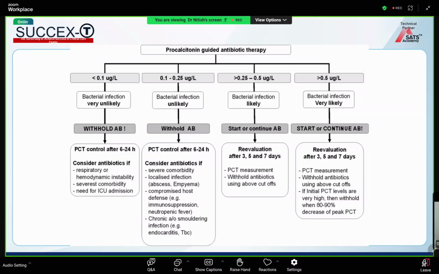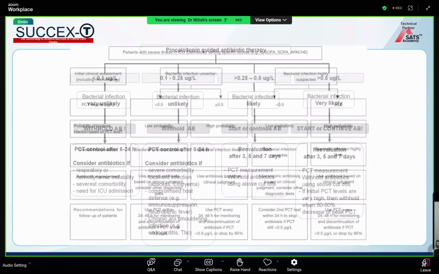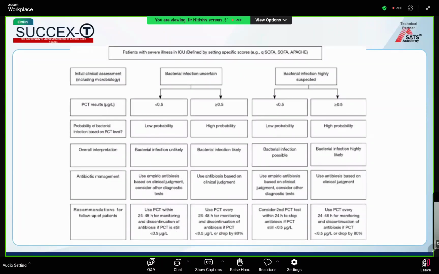Putting all these things in short, what they basically say is whenever the procalcitonin is more than 0.5, there is high chance that it could be a bacterial infection, and less than 0.5, it is less likely that it could be a bacterial infection, number one. But we do not go directly by that. Always go by your clinical intuition and clinical suspicion.